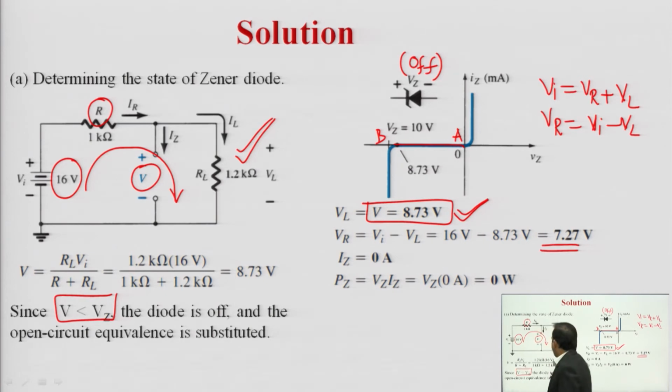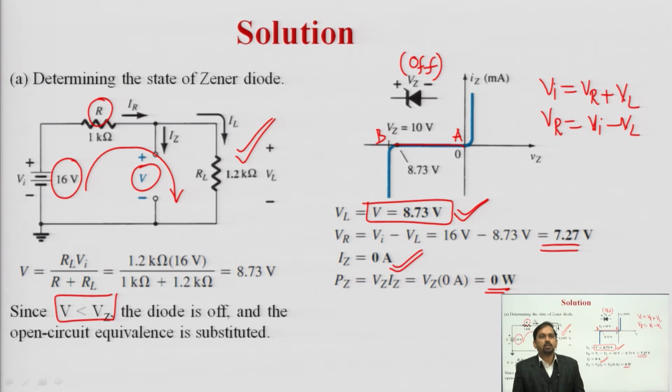So, IZ will be equal to 0. And once the current is 0, the power dissipated by the Zener diode, PZ equals VZ multiplied by IZ, will also be 0 watt. So, we can say that this circuit is not working as a voltage regulator, because the Zener diode was off. It was not able to provide 10 volt to the load resistance RL.